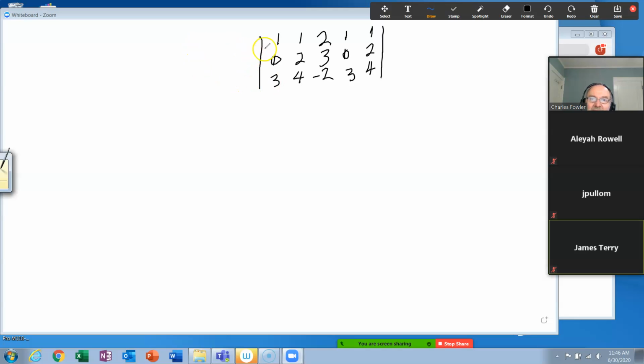But here's what you do. You take all your down diagonals. Remember, when you're going down, they're always positive whatever that number is. And what's the product of those down diagonals? One times 2 times negative 2.